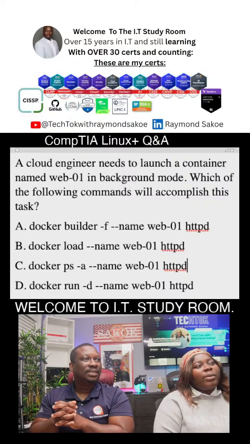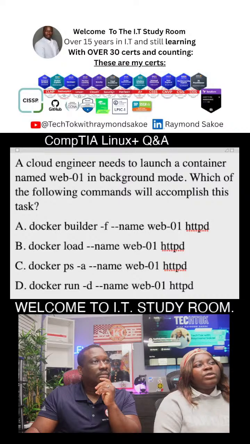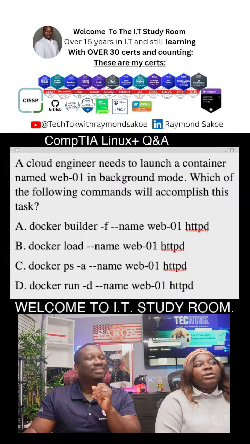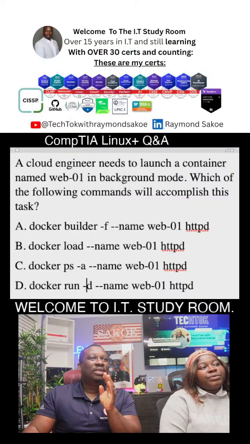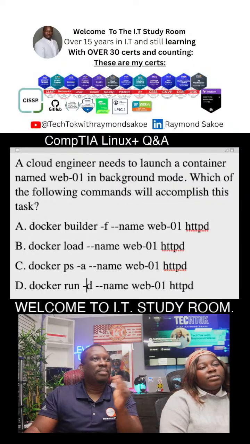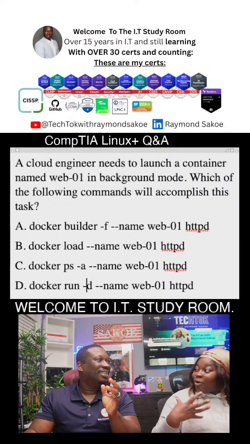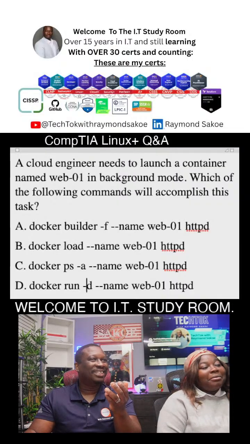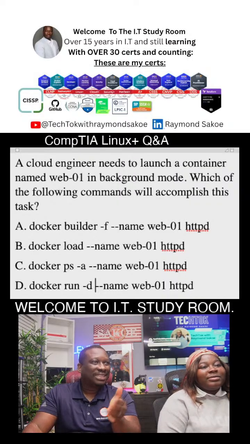Okay, wait, go back again. -d is short for detached mode. This ensures the container runs in the background. So foreground and background, right? Foreground means when it's on in front. I don't know why they do that. By default, it should be in detached mode.